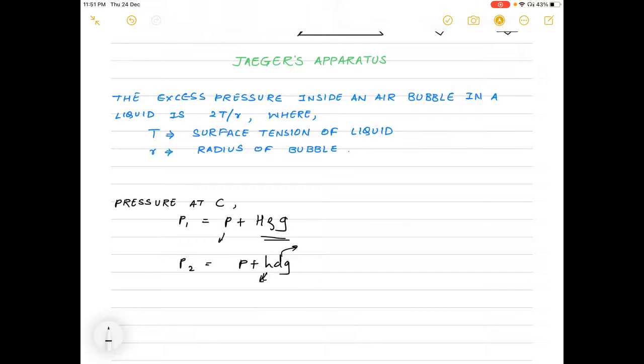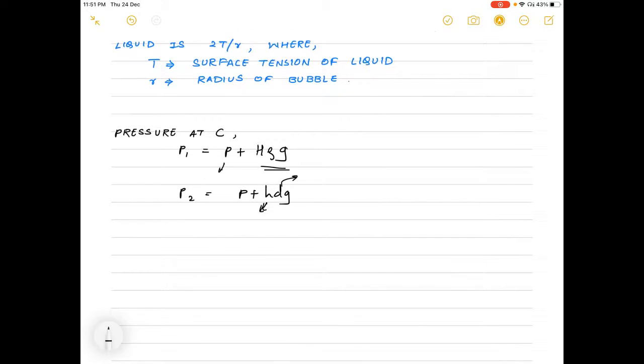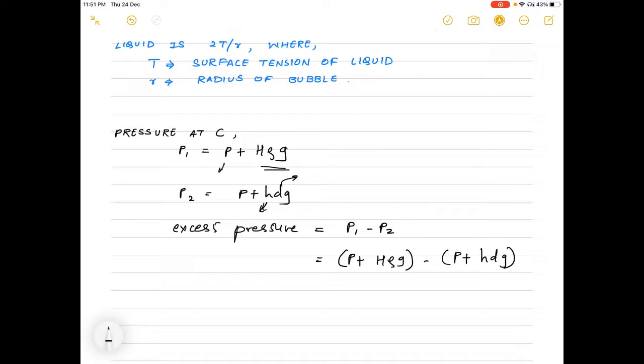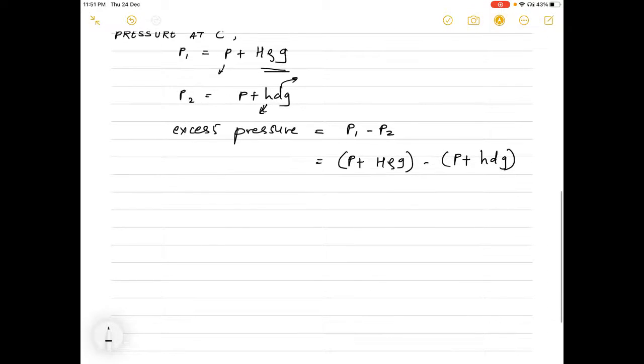Hence the excess pressure inside the bubble is given as P1 minus P2, which equals capital P plus H rho G minus capital P plus small h d into G, which equals G into H rho minus h d.